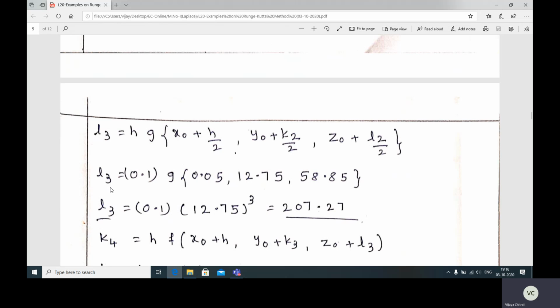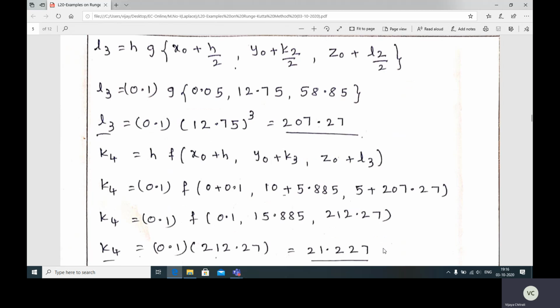So here L3 is equal to 0.1 into g of x, y, z is y cube. So in place of y cube, 12.75 raised to 3. So multiply this with 0.1. So we'll get this as 207.7.